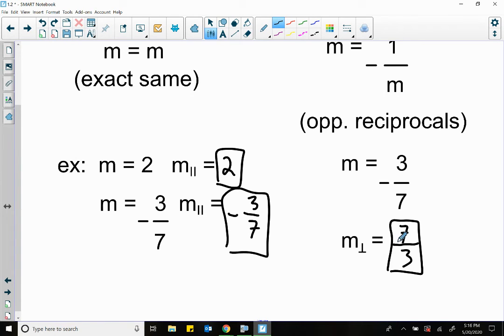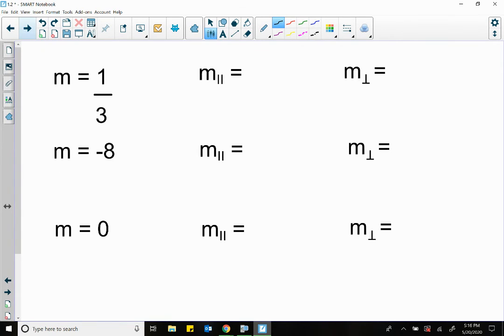Or they'll tell me that it's negative 7/3. So you flipped it, but you didn't give me the opposite. You need to do both. Opposite reciprocals. Change the sign, flip it. So let's see what you learned. Here are 3 slopes. Give me the parallel slopes and the perpendicular slopes. Go.